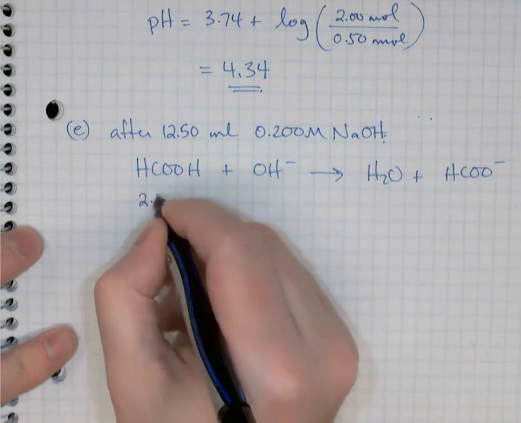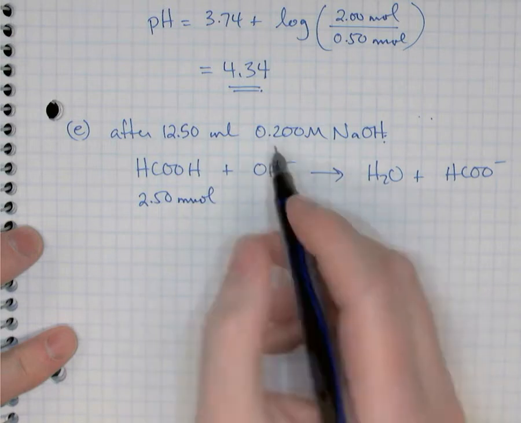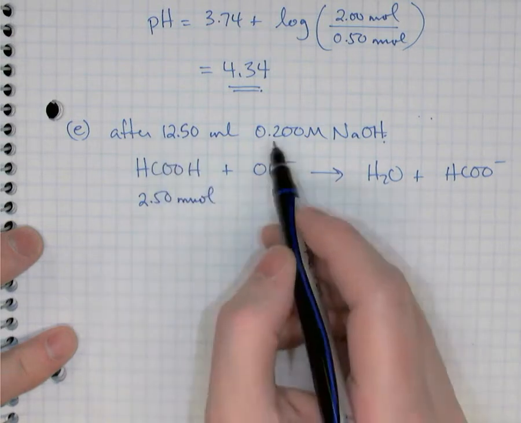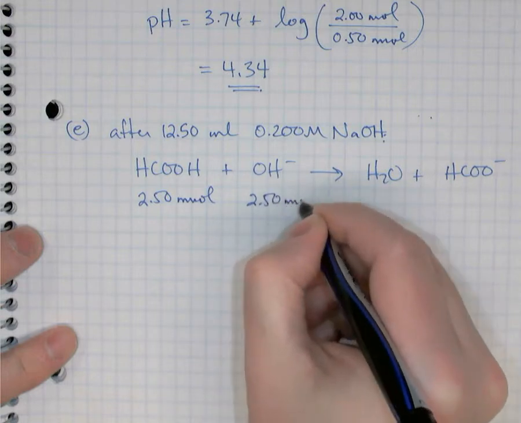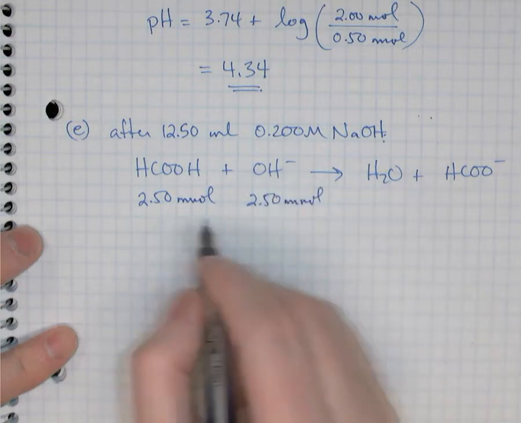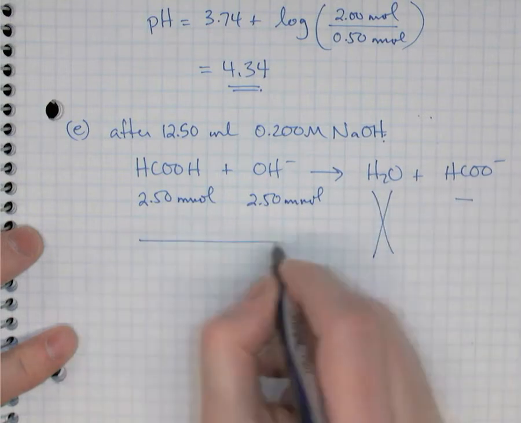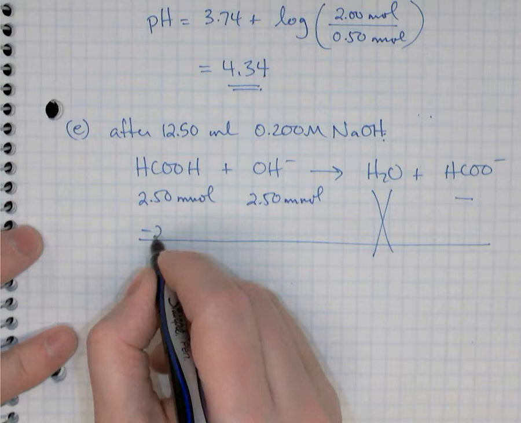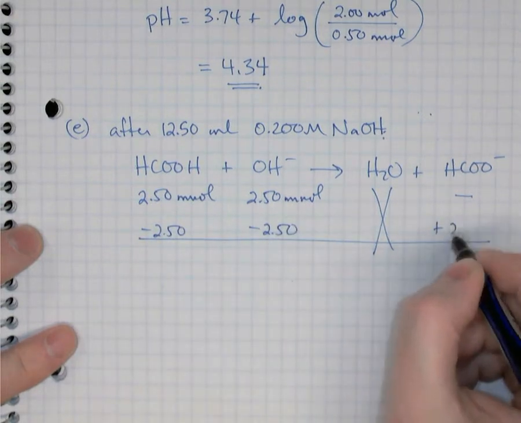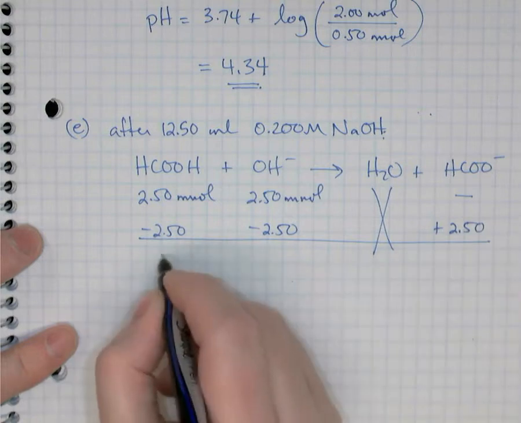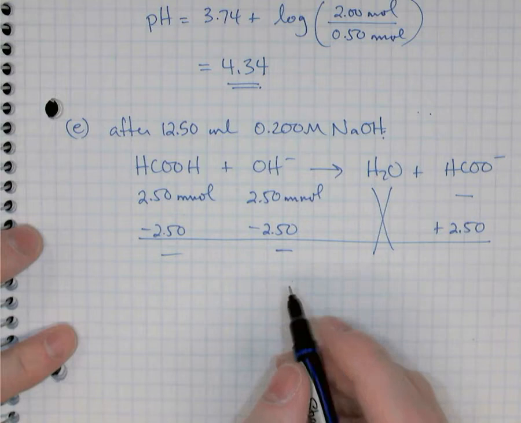We have 2.50 millimoles originally of the acid, and now 12.5 times 0.2, we've got 2.5 millimoles of base. So we've reached the equivalence point. This is important. So the reason it's important is because, as you can see right now, we have destroyed our buffer. Okay, we've overcome the capacity of our buffer.